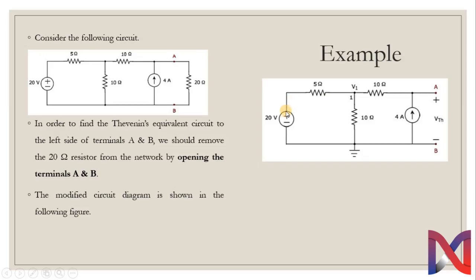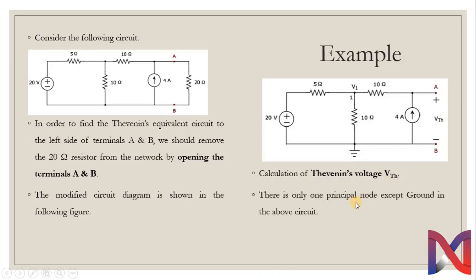It has a voltage source, a current source and 3 resistors. Now we don't have our load resistance. Here we have our V Thevenin and we will connect our R Thevenin here after calculation. Now first of all we are required to calculate the Thevenin's voltage.